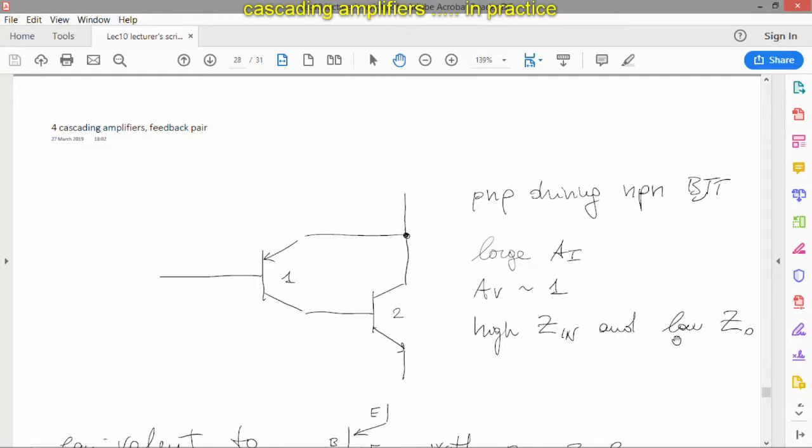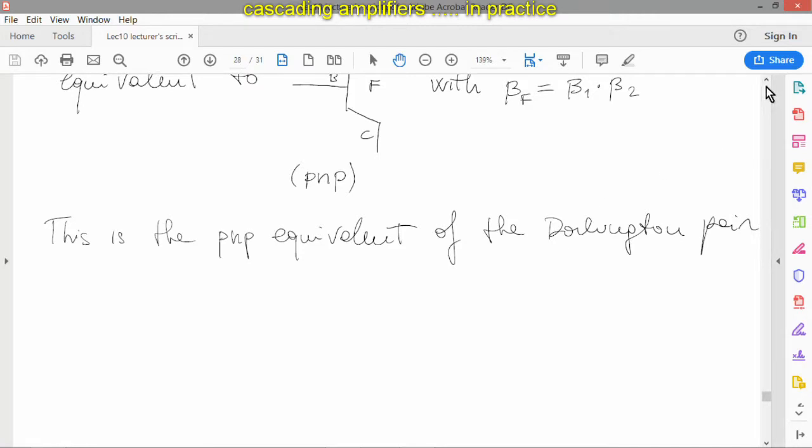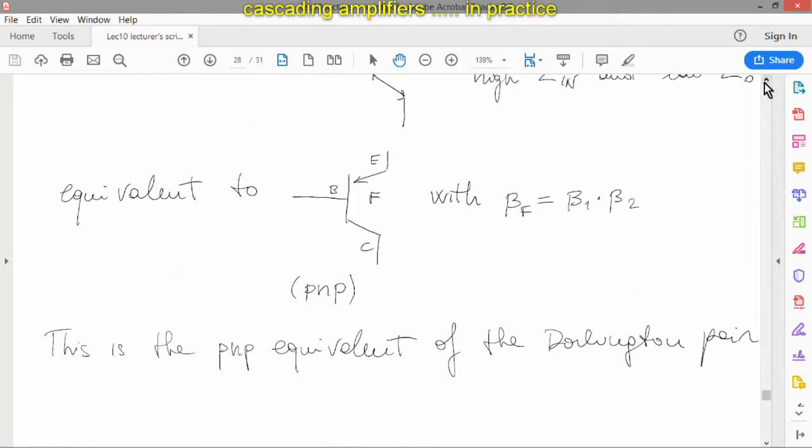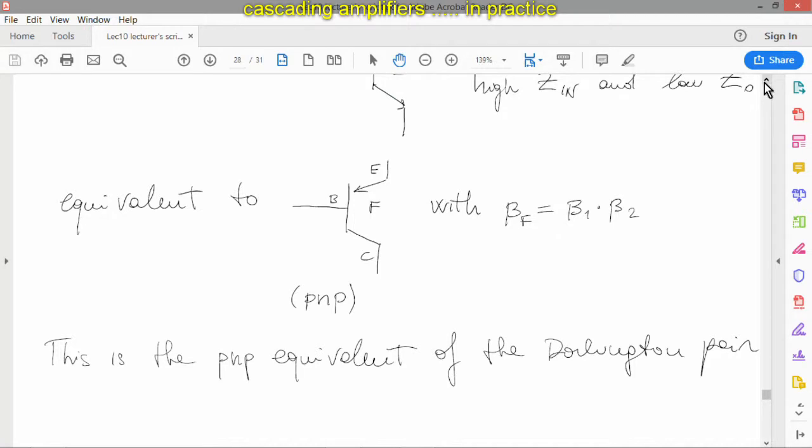Another example of cascade connection between two BJTs. This is very similar to Darlington. The only difference is that the second stage is NPN here and PNP there. Overall, it behaves like the Darlington. Simply, this combination behaves effectively as a very powerful PNP transistor. So the only difference from the Darlington is that the Darlington would behave as an NPN, if you were using NPN transistors.